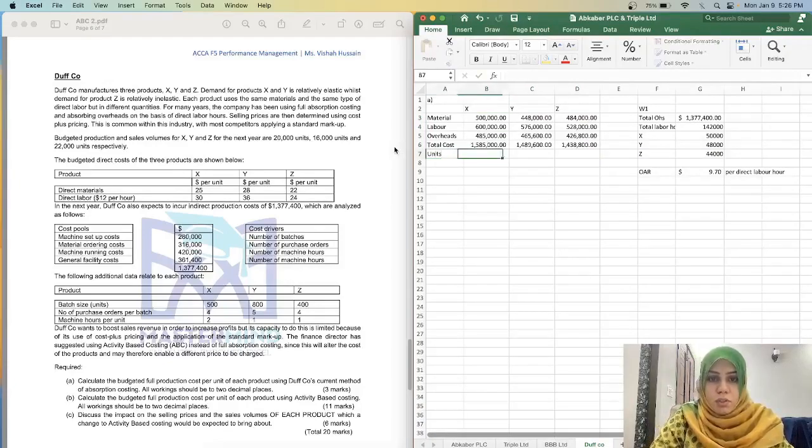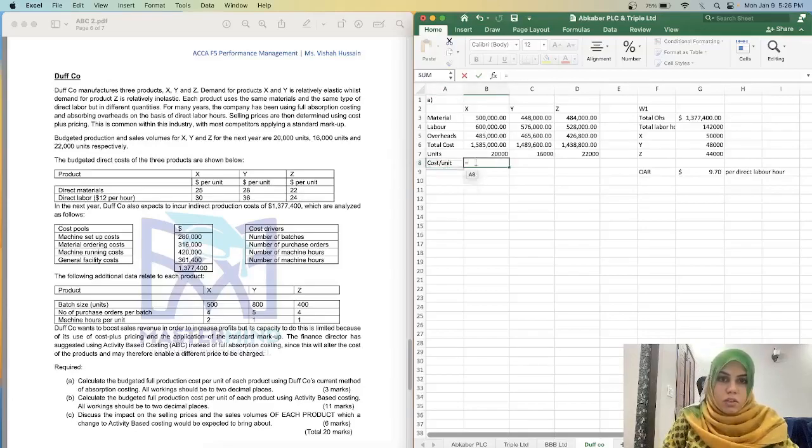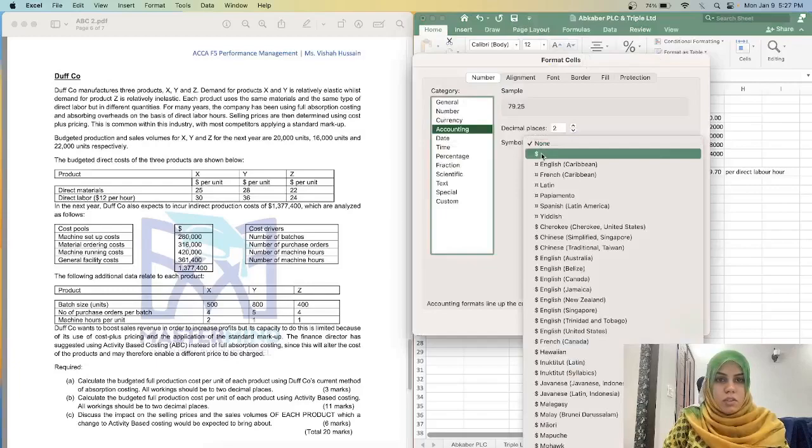So the number of units were 20,000, 16,000 and 22,000. Cost per unit was 79.25, 93.1 and 65.4. Again, these are going to be in dollars.